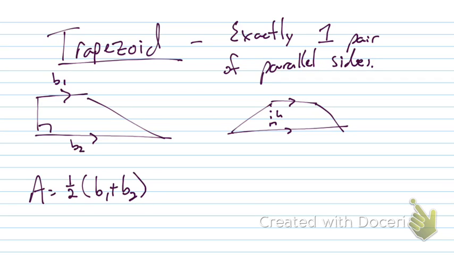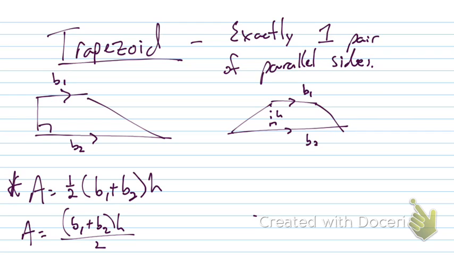On these trapezoids, there's two bases. That's a subscript 2, not an exponent. Another way you might see this is base 1 plus base 2 times the height divided by 2. They're the same thing. This is my favorite, and I'm going to show you why in just a second.